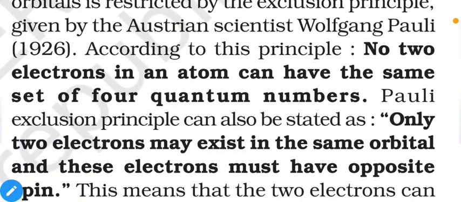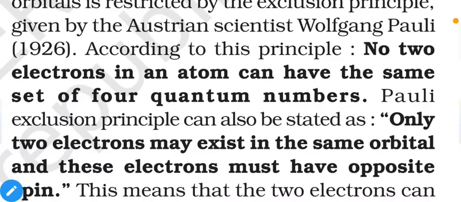So Pauli's exclusion principle can also be stated as: only two electrons may exist in the same orbital, and those electrons must have opposite spin. That means, as mentioned earlier, the maximum capacity of a single orbital is 2 electrons.